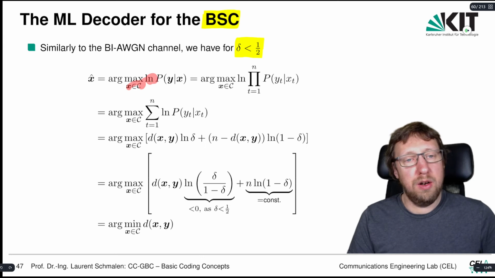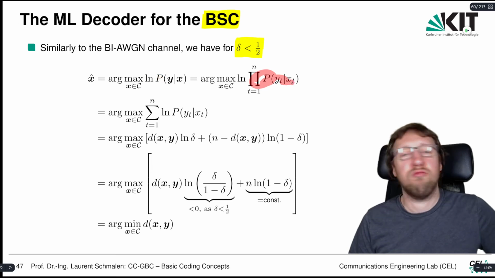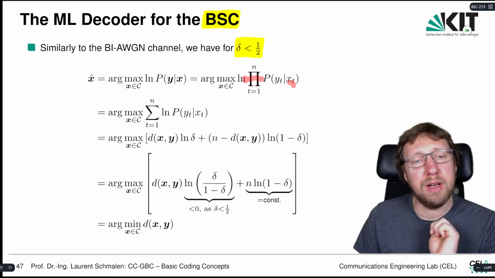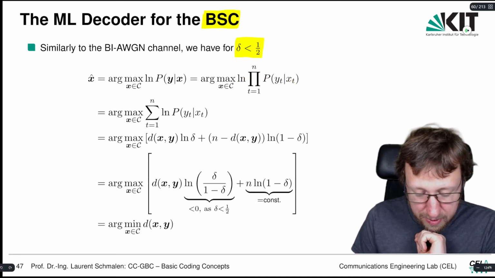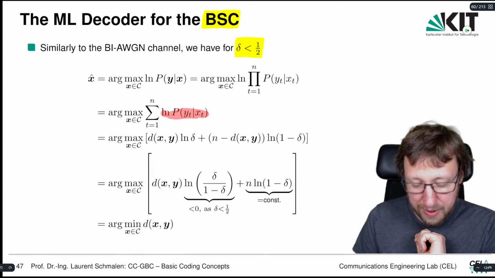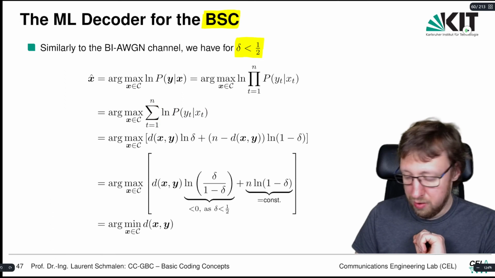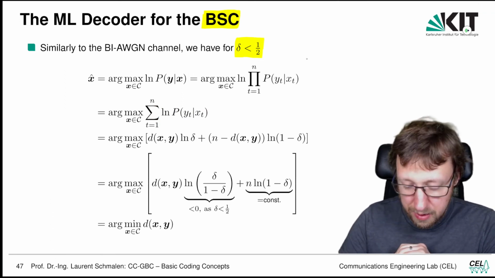And we apply the logarithm to p of y given x, which is the product of p of yt given xt. Same trick. We change the log of the product into a sum of the logarithms. And this is the logarithm of p of yt given xt. And we sum up over the logarithm. So what is p of yt given xt in this case?